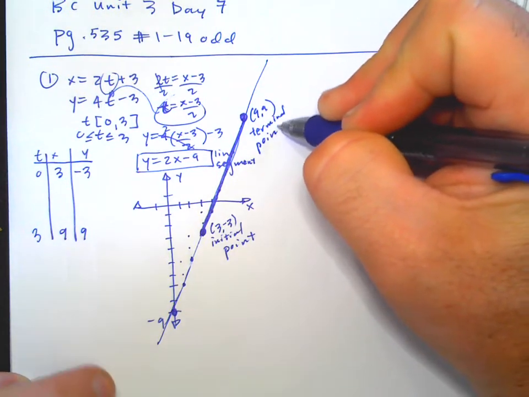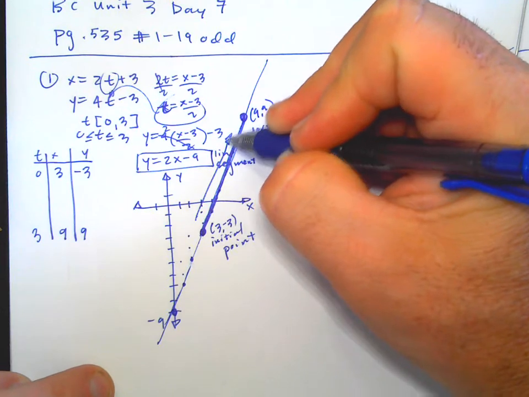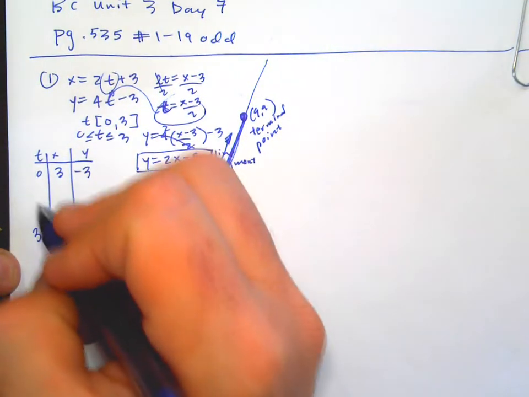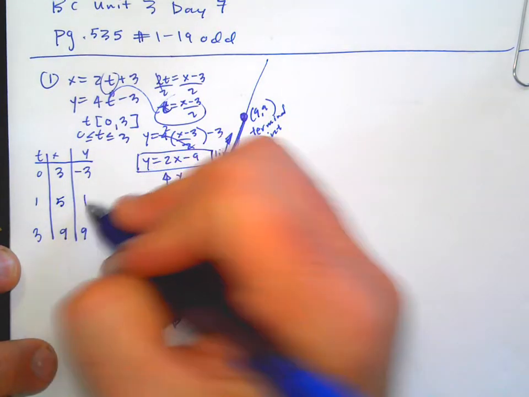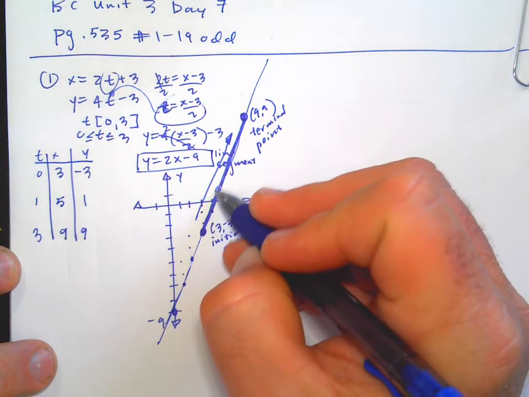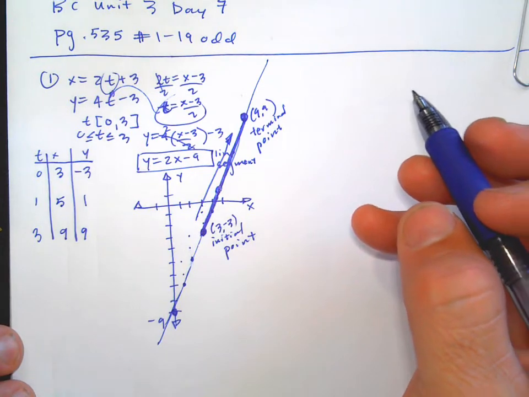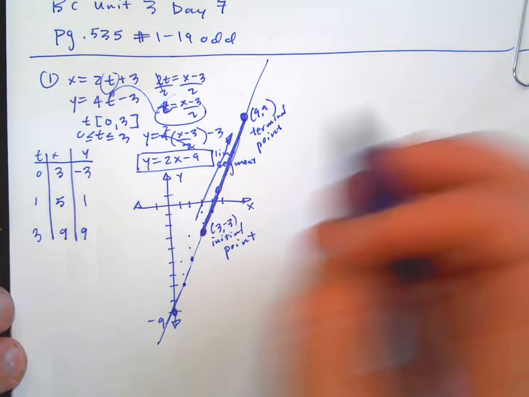So I'm pretty sure this is the direction. You can plug another point in if you want. t = 1 would be (5, -1). It's right around there. So it's a line segment.